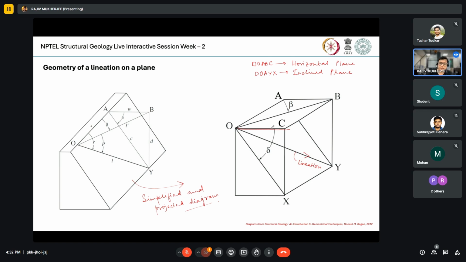So the angle between this horizontal plane and this inclined plane, that is delta. This is the dip angle of the plane. Clear? Now, as we talked in the previous slide, this is our lineation. So if we project the lineation onto the horizontal plane, we will get the line OB.